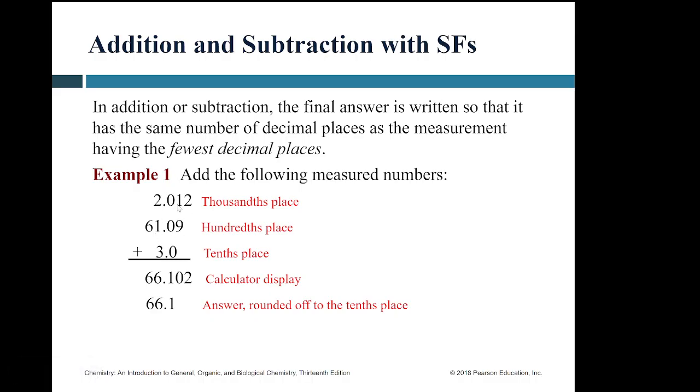So here we see that this goes all the way down to the thousands place, this one goes down to the hundreds place, and this one goes down to the tenths place. Notice that this one would only be 2 sig figs, but the sig figs don't really matter in this case. For addition and subtraction, the rule depends on how big the number is.